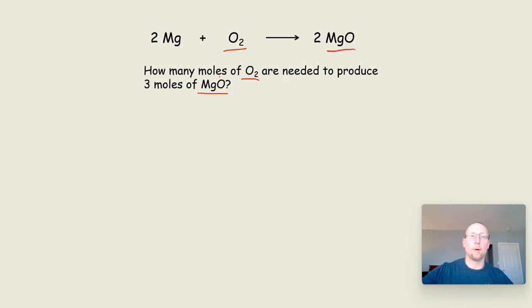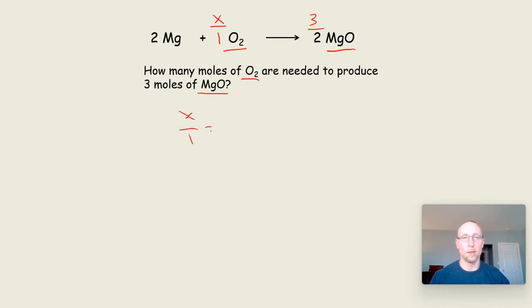All right. So remember, nothing means 1. So there's really a 1 in front of oxygen right now. So how many? That's my unknown. So I put my X over my original amount, 1 mole of oxygen, is needed to make 3 moles of MgO. So if I want to make 3 moles instead of 2, you put your new amount over your original amount in the equation. So how much oxygen if I want to make 3 moles of MgO? So then I pull it out.